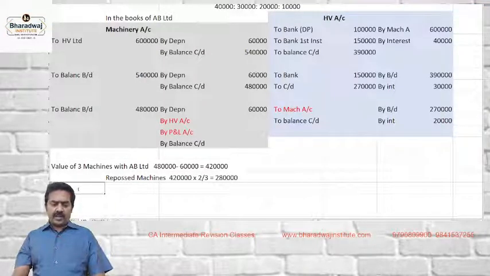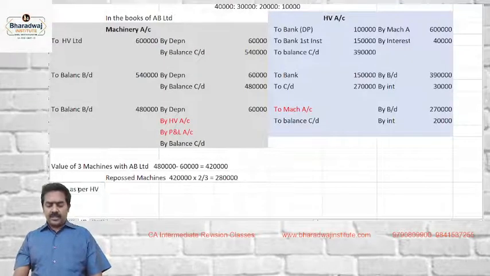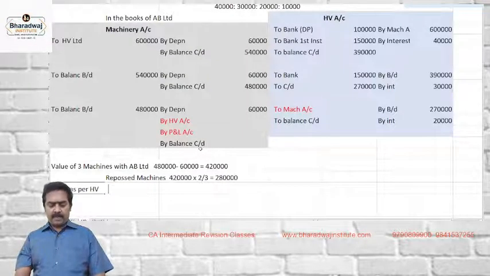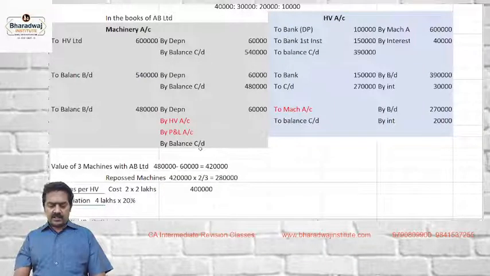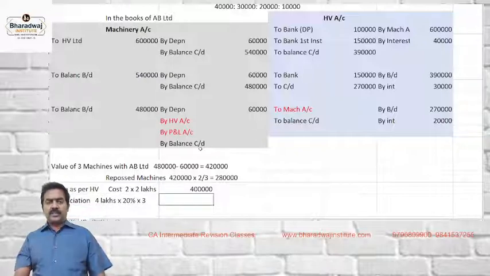So value as per the hire vendor. He takes how much depreciation? 20% SLM. Cost of the machines are 2 into 2 lakhs. How much? 4 lakhs. Depreciation 4 lakhs into 20% for 3 years, how much you get?